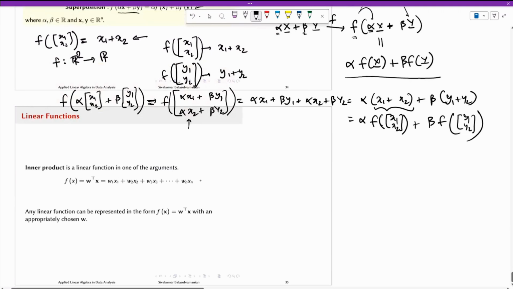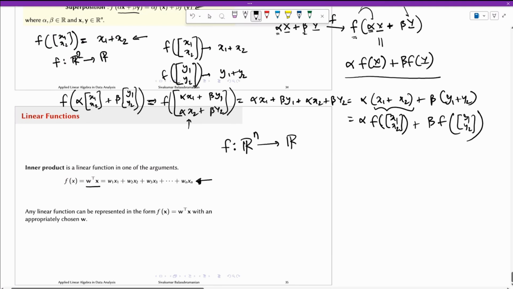And another very interesting fact is this. You can think of an infinite number of linear functions, from the definition, functions that map Rn to R and that satisfy the superposition principle. But the interesting bit is, whatever linear function from Rn to R you come up with, it turns out all of those functions can be represented in this form.